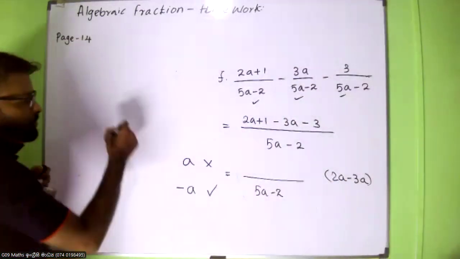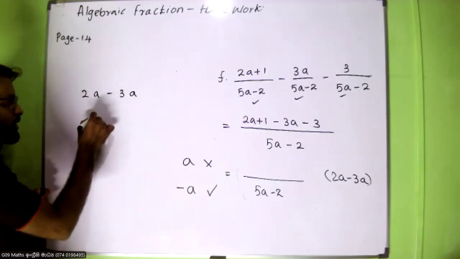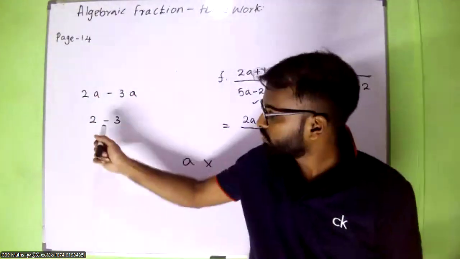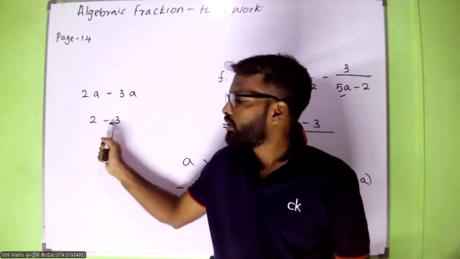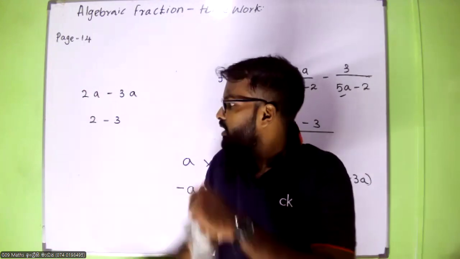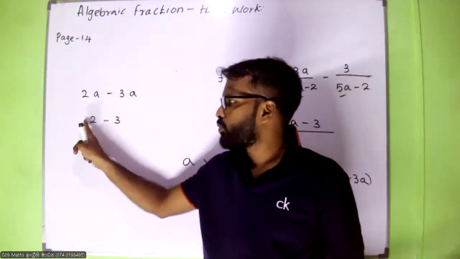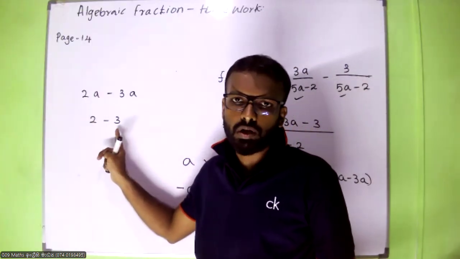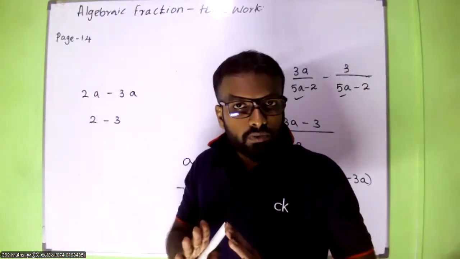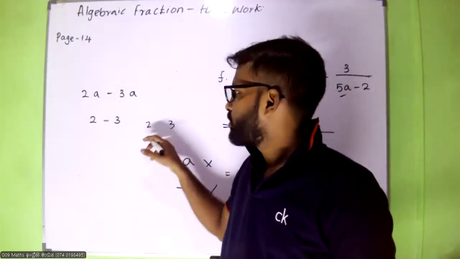This is 2a minus 3a. What is this? Two directed numbers, 2 minus 3. How do you simplify this? This is a positive number, this is a negative number. There are two different signs, positive 2 and negative 3. If you have two different signs, forget the signs and take the two numbers out. 2 and 3.